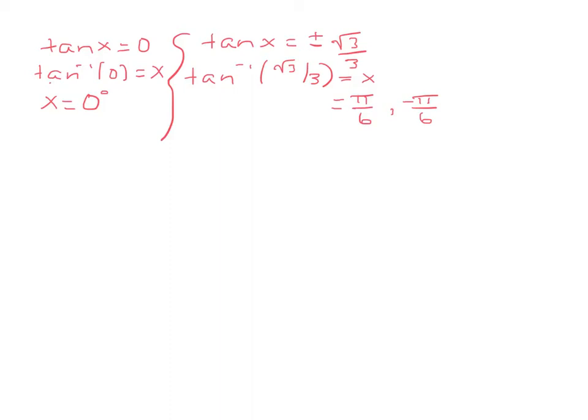I didn't write that very well, so if I want the tangent inverse of negative square root of 3 over 3, that's negative pi over 6.